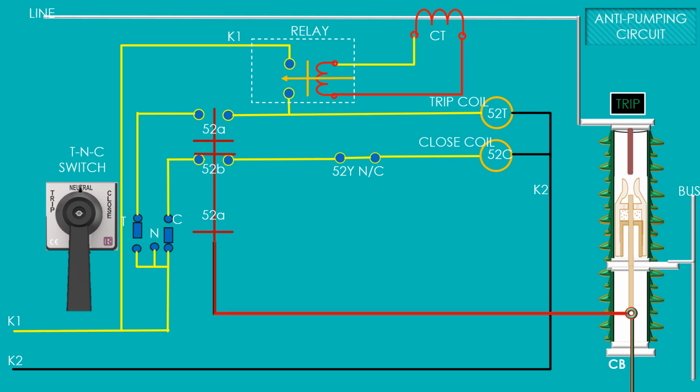We know that if a fault appears on the line, the CT senses the fault current beyond its normal preset value and sends the transformed fault current to the relay. The relay senses the current beyond its preset value and makes contact to trip the circuit breaker immediately, and the circuit breaker trips.